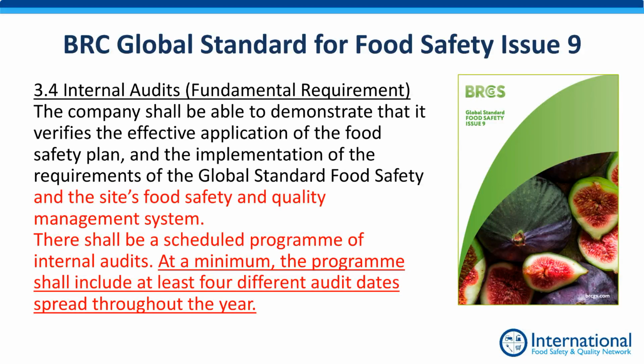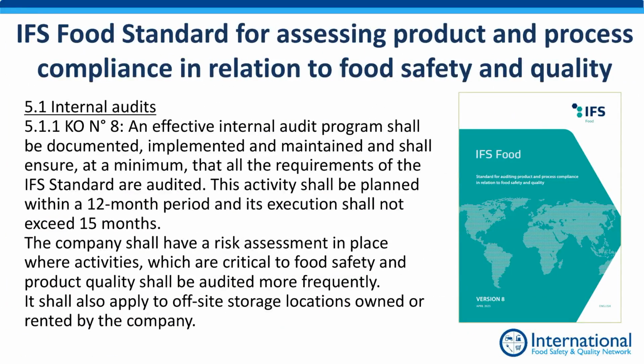All activities need to be covered at least once a year. Similarly, with the IFS food standard, where internal audits are a knockout, effective internal audit shall be conducted according to a defined, agreed audit program and cover at least all the requirements of the standard. The scope and frequency of internal audit shall be determined by hazard analysis and assessment of associated risks.